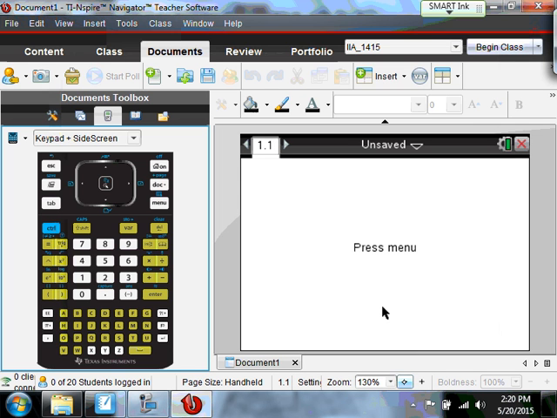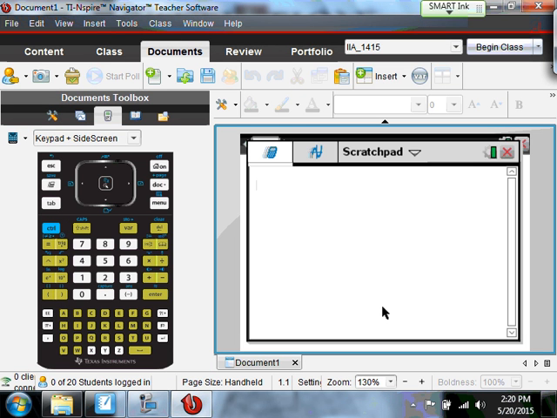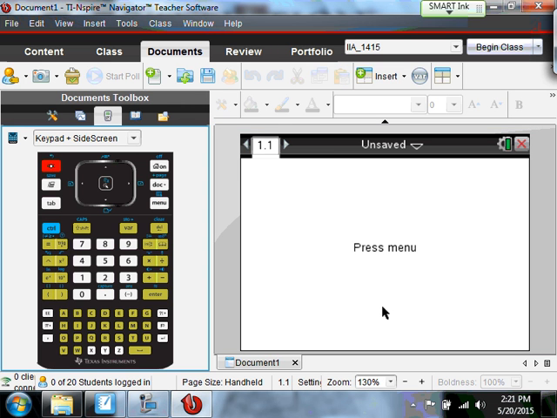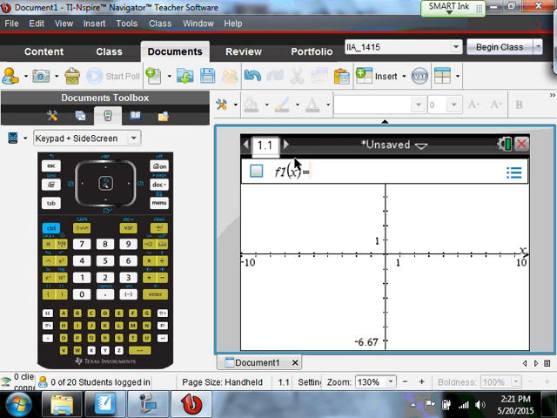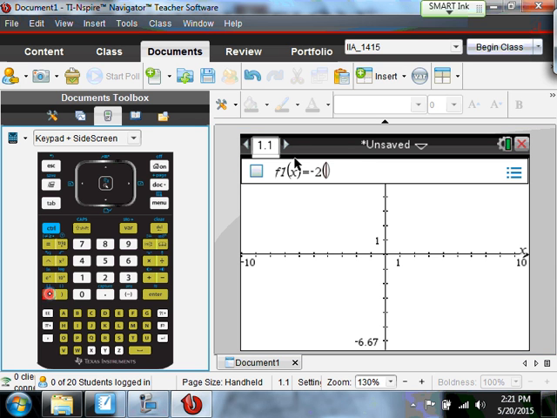Now, if I want to graph this, I see a lot of people using the scratch pad. The scratch pad is okay, but I wouldn't recommend using it because it's limited in its abilities. So we're going to go to graphs. We're going to graph that function, -2 times the group (x minus 3), the group squared, plus 6.